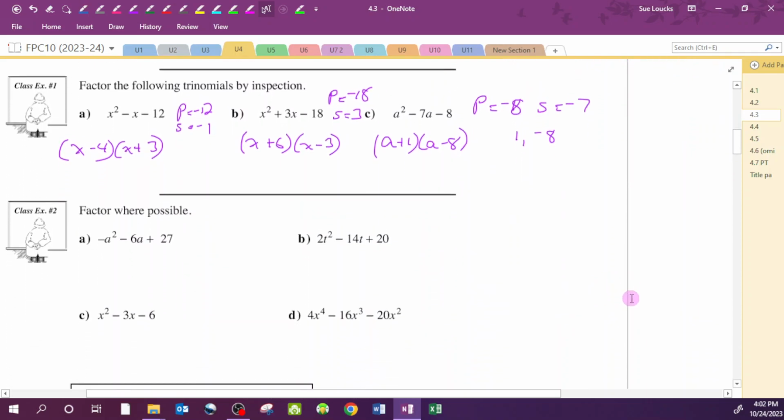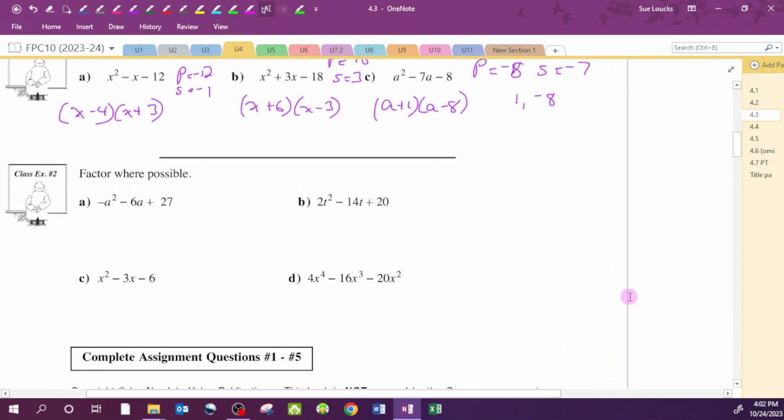Okay, factor these where possible. For this one, I'm going to factor out a negative 1 first. So I'm going to write this as negative times a squared plus 6a minus 27. And then I want a product of negative 27 and a sum of 6.